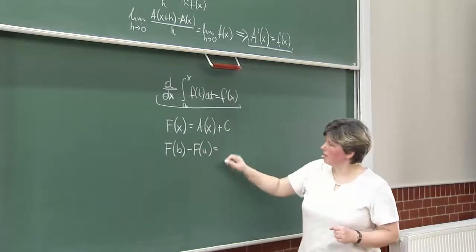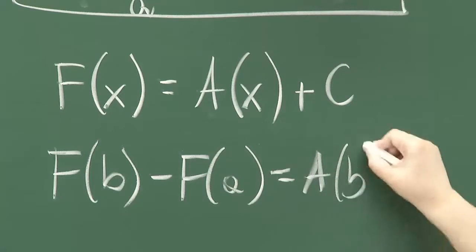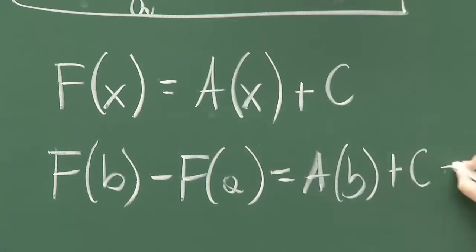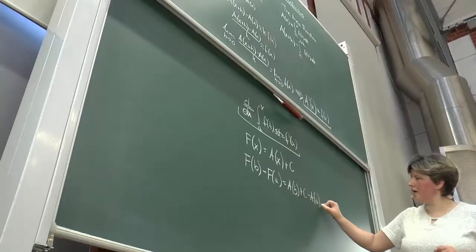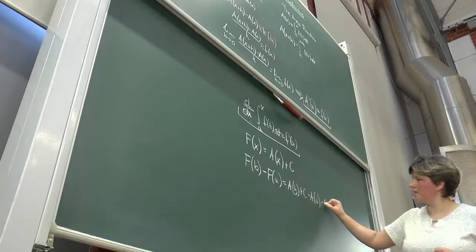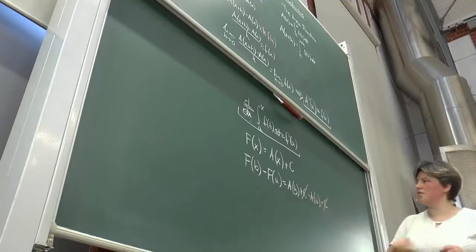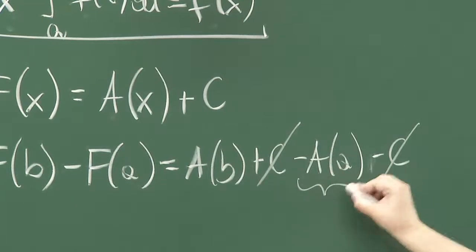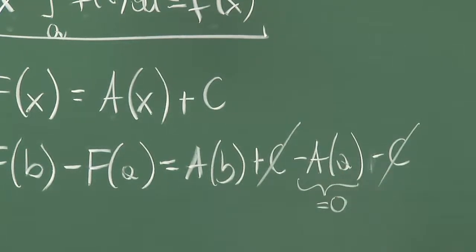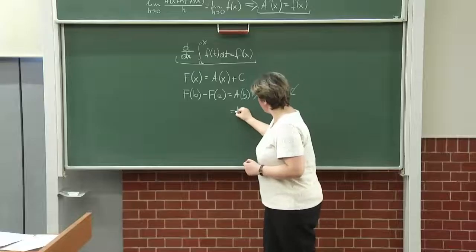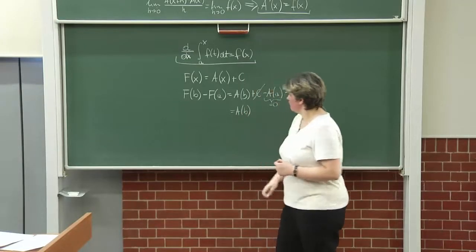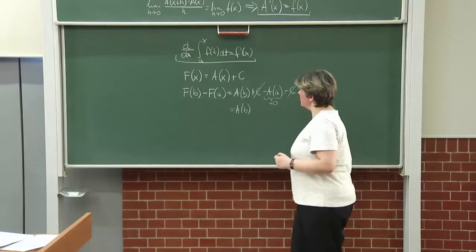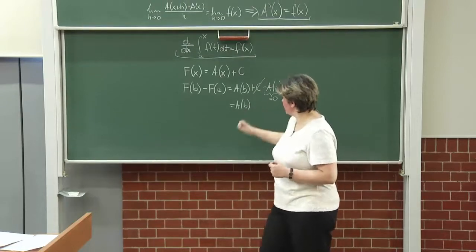By what I've written above, this will be A of b plus c minus A of a minus c. Now c will cancel. If you recall from this little animation, A of a is 0, and we are left with just A of b. Now this is quite amazing, because look at what we got.